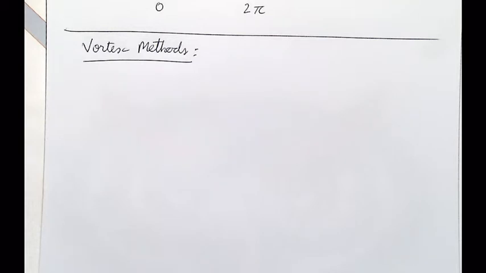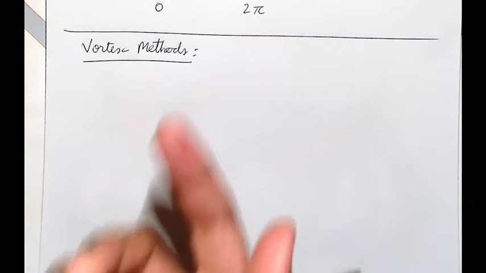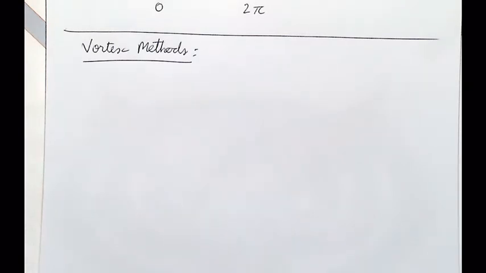You can use finite difference methods, finite volume methods, even finite element methods. And this is another class of methods called vortex methods. Most of the 2D simulations I have showed you use these vortex methods. There are some advantages and potentially some disadvantages.